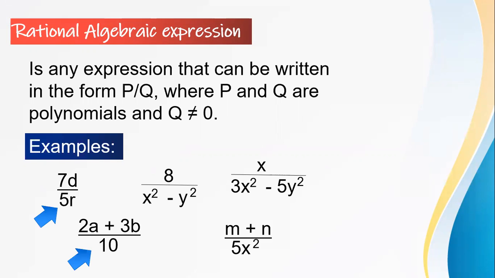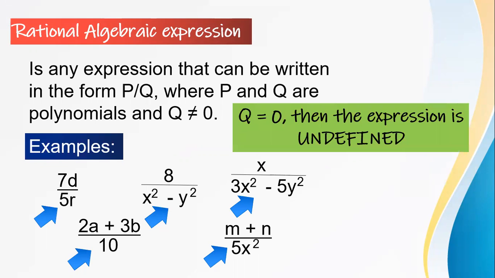The denominators are polynomials. So we have 5r, 10, x squared minus y squared, 3x squared minus 5y squared, and 5x squared. So these are polynomials, and these denominators are also not equal to 0.